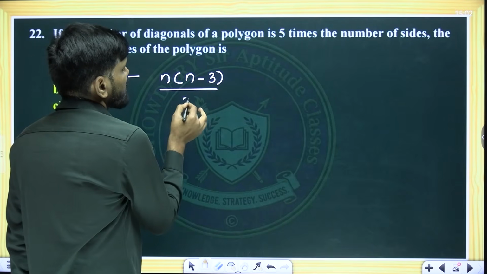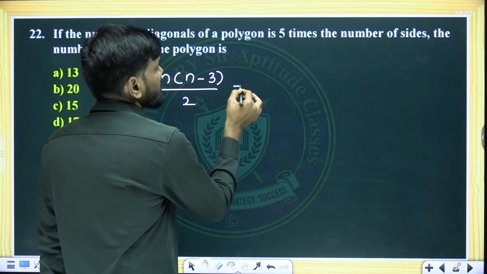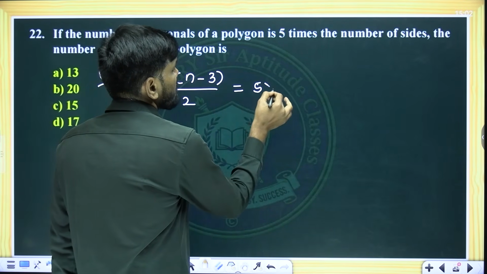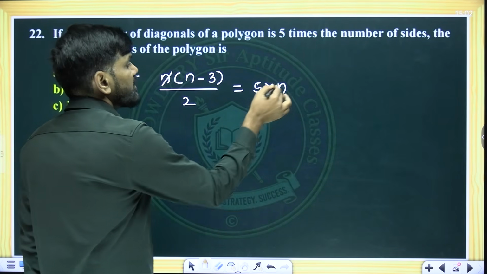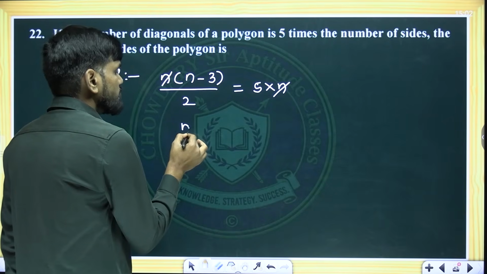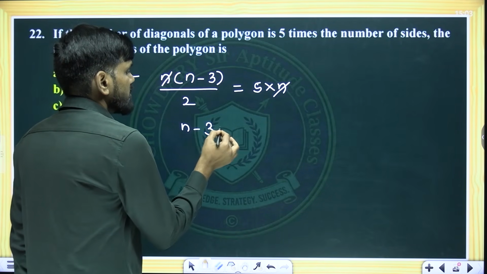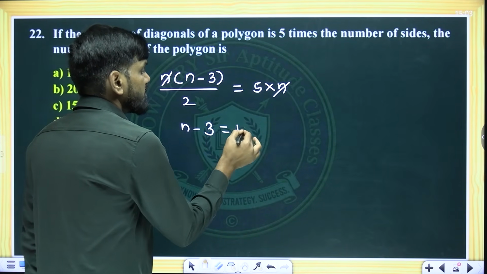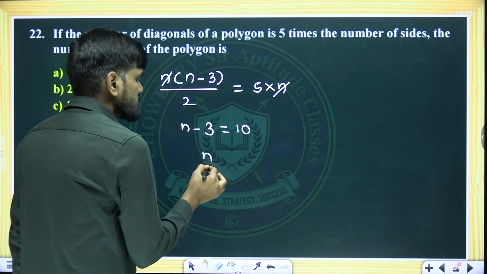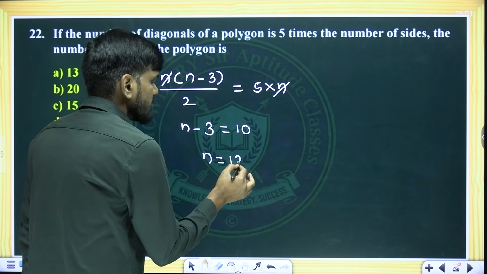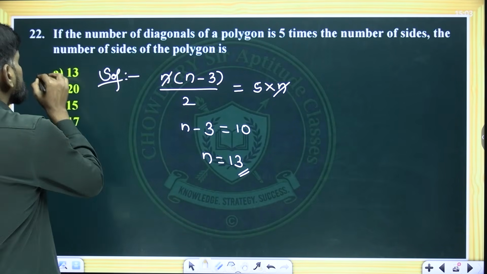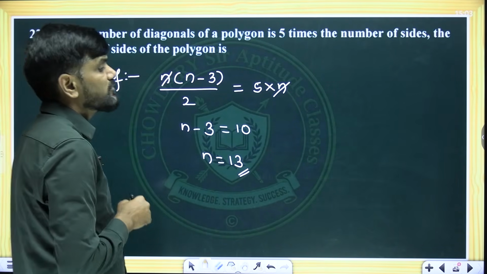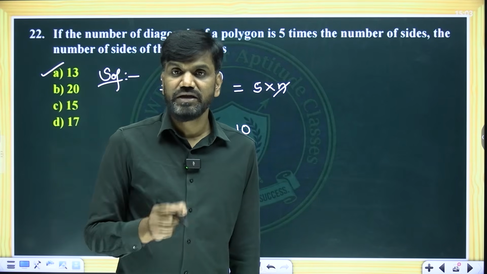This is equal to 5 times the number of sides, that is 5 into n. Then find n. N gets cancelled. This gives you n minus 3 is equal to 5 twos are 10. From this I can say n is equal to 10 plus 3. That should give you 13. Hence your answer has to be 13, and that should be option A.